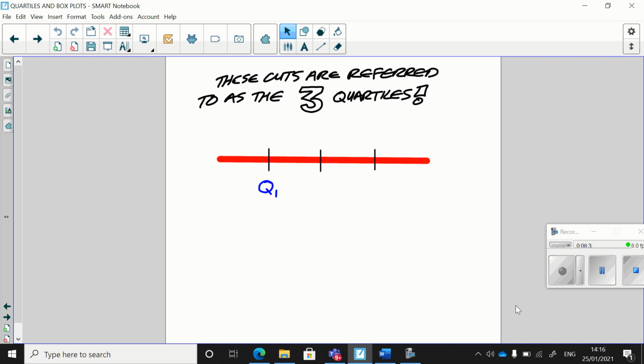Here we go. So the one on the left, we refer to it as the first quartile, or Q1. The one in the middle, which is the median as well, we refer to that as Q2. And the one on the right, we refer to that as Q3, or the third quartile. Right, so there's 3 quartiles. These are just going to be numbers for us that we derive from the list.